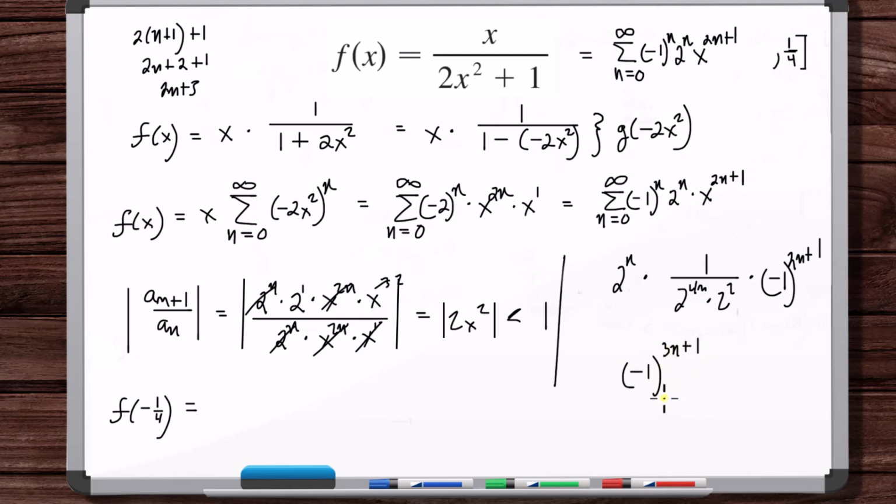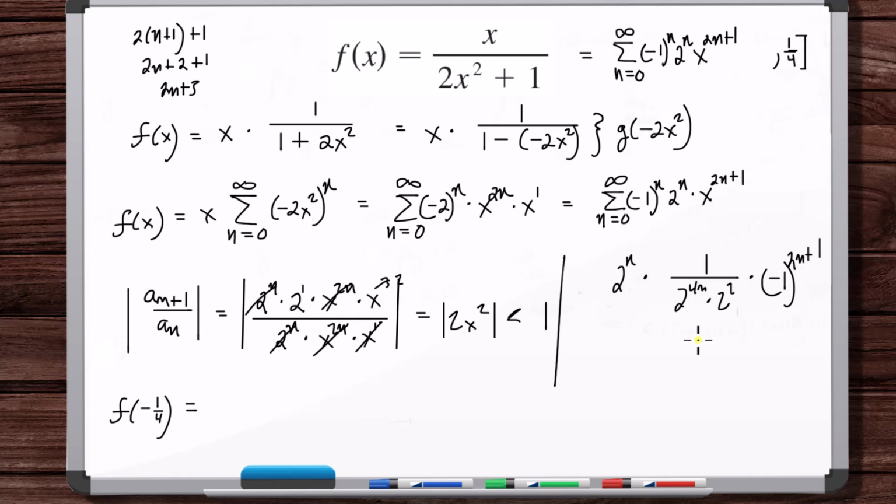If we think about what that means, at n equal to 0, the power is odd. The first term is odd, second term even, third term odd, fourth term even. And so we can write this as minus 1 to the n plus 1, same thing. That's what that turns into.